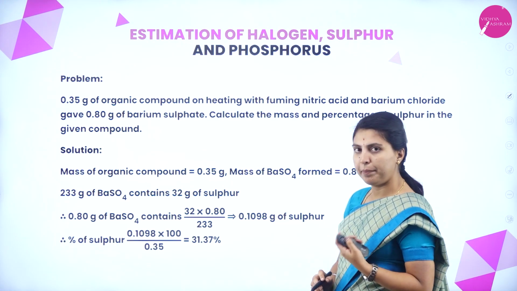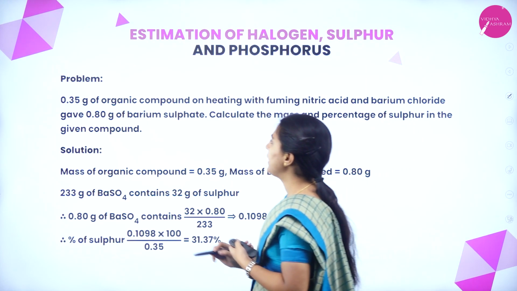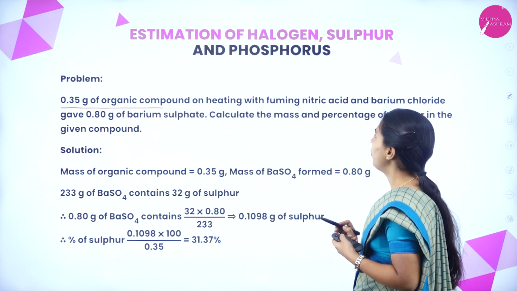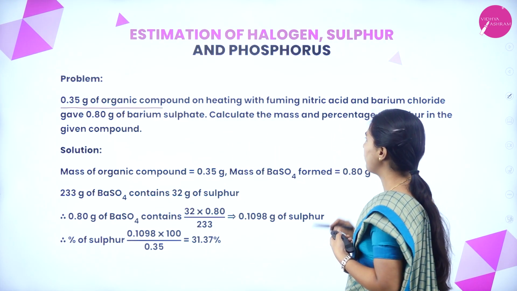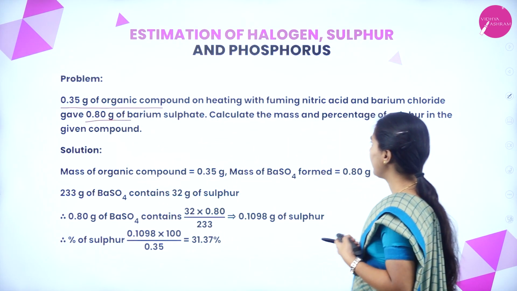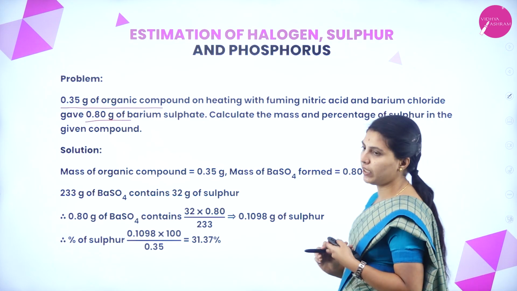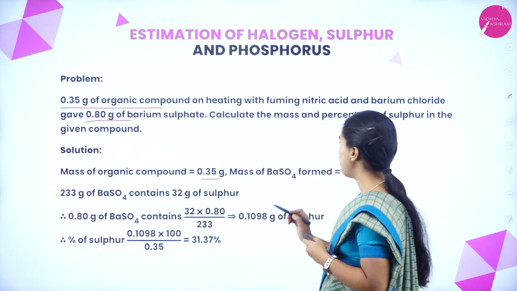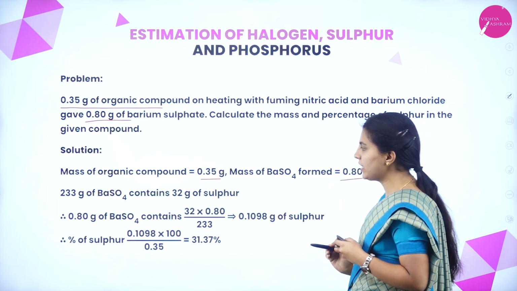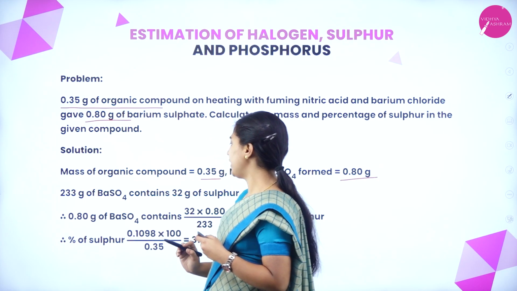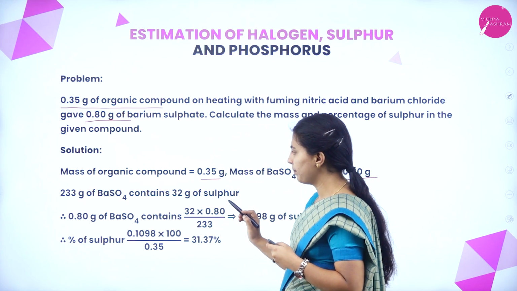So overall, the problem: 0.35 gram of organic compound has been heated with fuming nitric acid and barium chloride. It gave 0.80 gram of barium sulfate. Calculate the mass and percentage of sulfur in the given compound. Mass of organic compound 0.35, mass of barium sulfate 0.80 gram. 233 gram of barium sulfate contains 32 gram of sulfur.